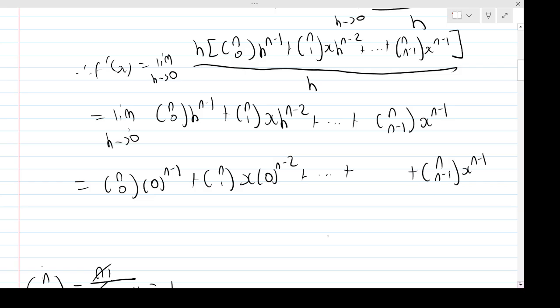The term before it, the second to last term, is going to have an h term in as well, so it's n choose n minus 2, h x to the n minus 2. But then this h goes to 0 as well, okay?